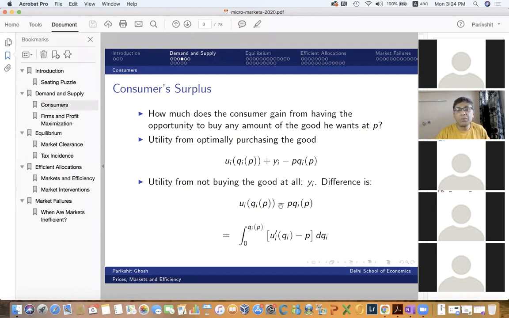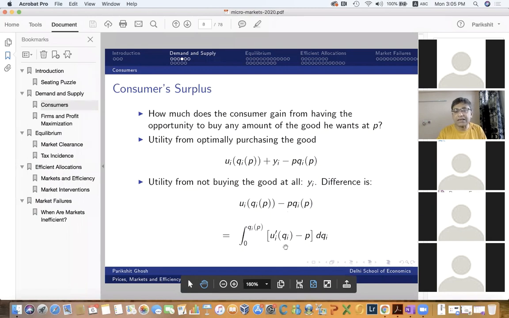Of course, this incorporates the consumer's own voluntary optimal choice, okay? And that's because I've used the demand function in this. Now, one way to write it down is this, right? We know that differentiation and integration are opposite operations, okay? So if I take the derivative of this function, right, with respect to q, so that's this, okay, and then if I integrate it again, then I should get the same expression.